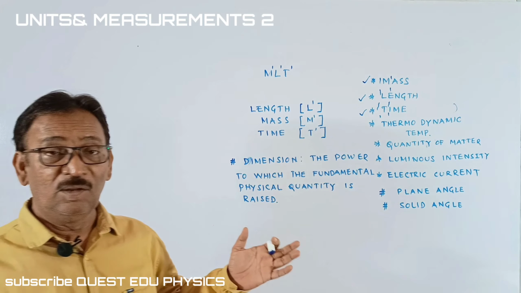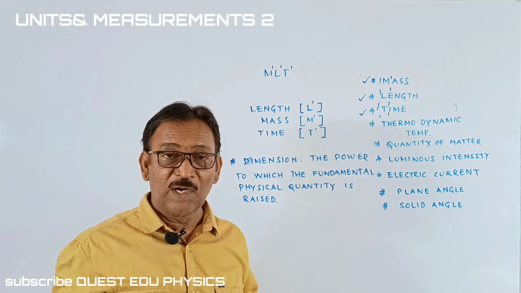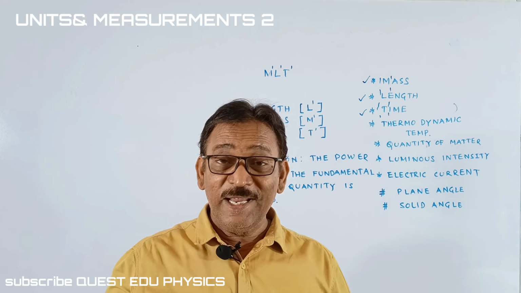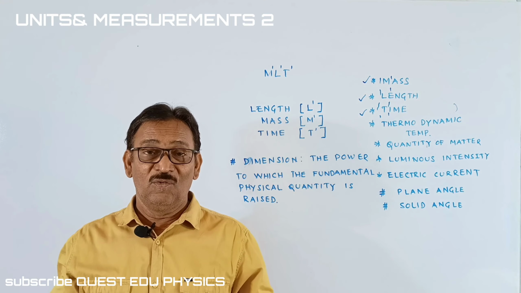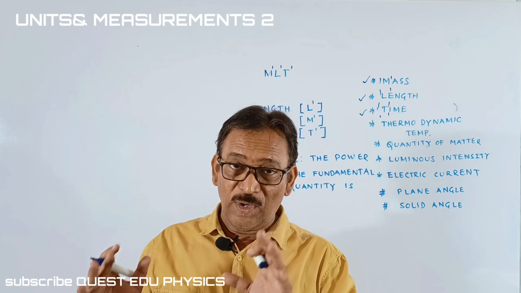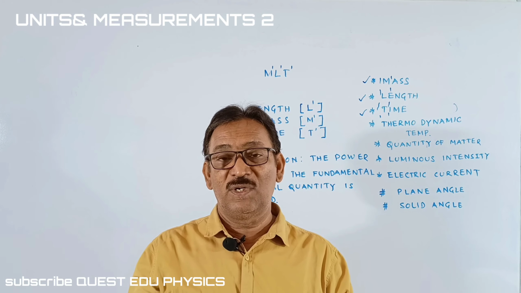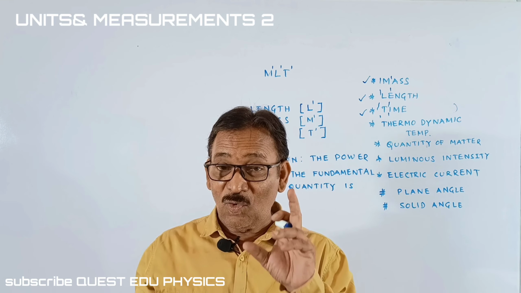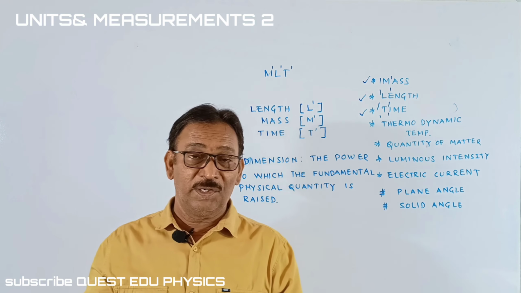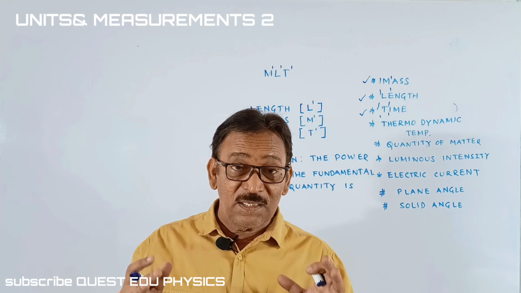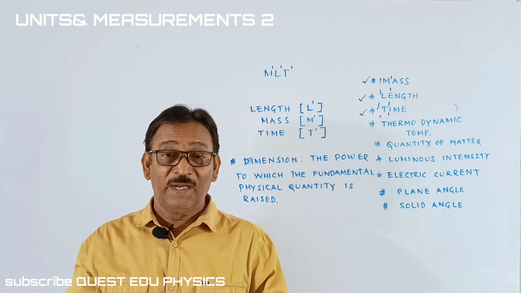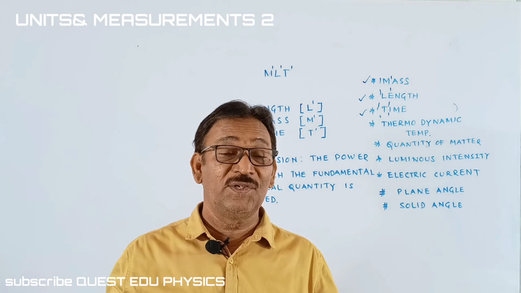We learned about physical quantity. What is the physical quantity you have learned? And what is the fundamental physical quantity? Any physical quantity which doesn't depend upon another physical quantity is known as a fundamental physical quantity, students. A physical quantity which doesn't depend upon any other physical quantity means what? It has its individuality.